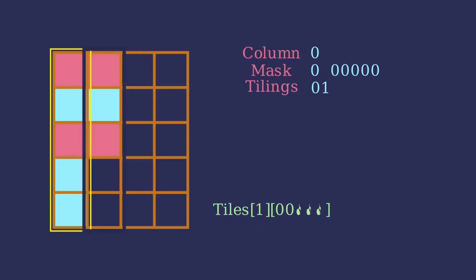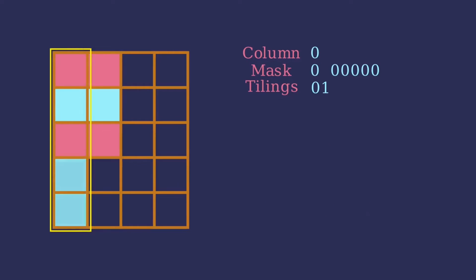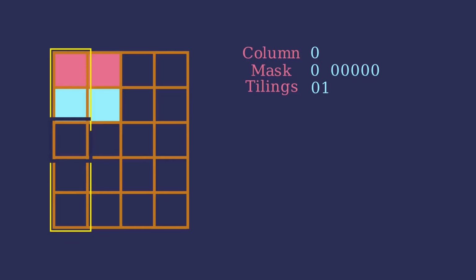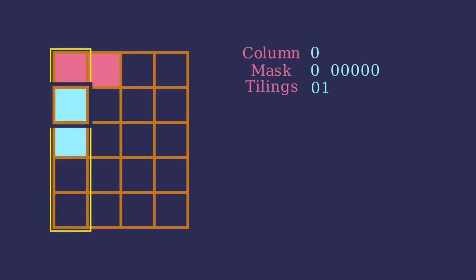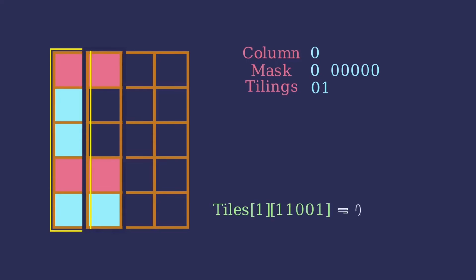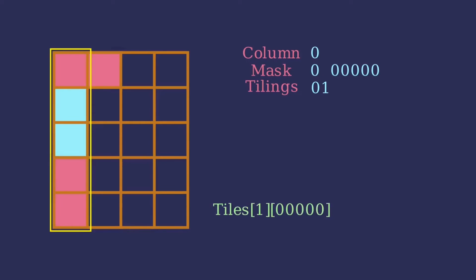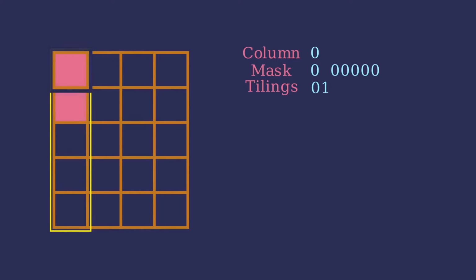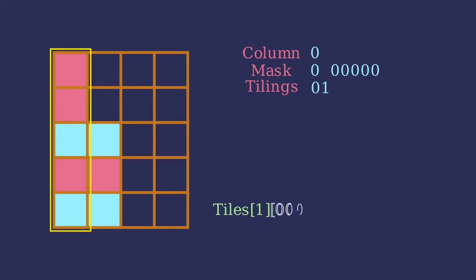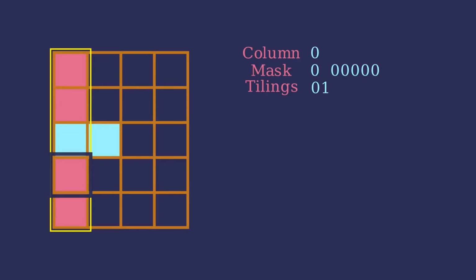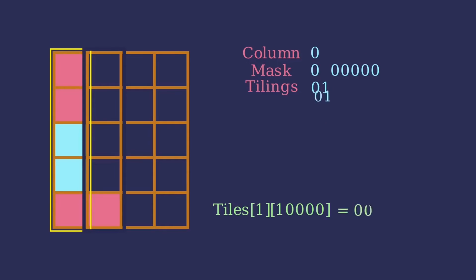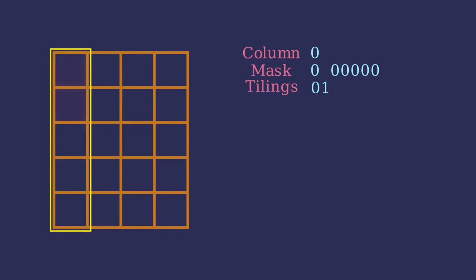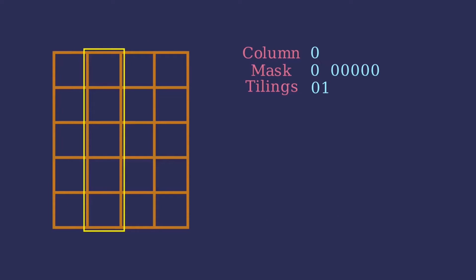So I get a new bit mask with 3 ones at the bottom and I update it with 1. And I carry on like this. So these are all the possible tilings of the first column.